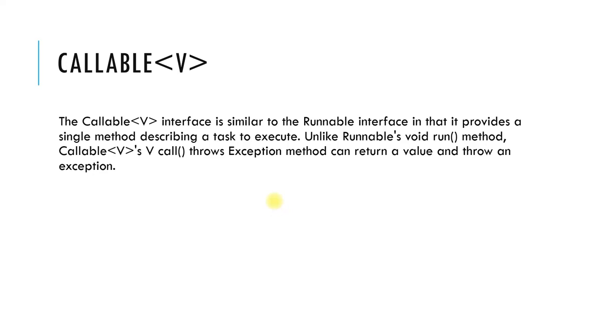So if we need to return some result, we use Callable, and if we don't need to get a result from the task, as with void, we can use Runnable.